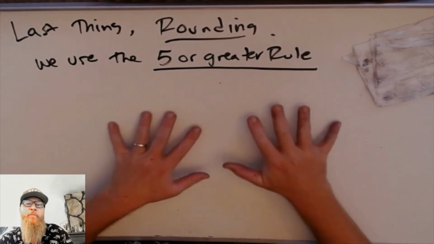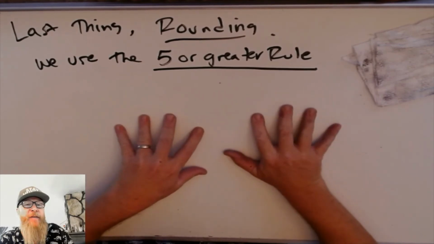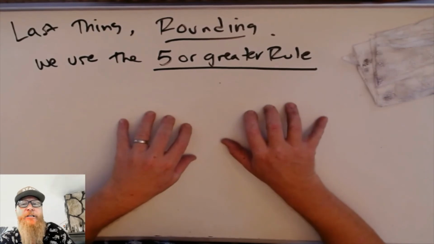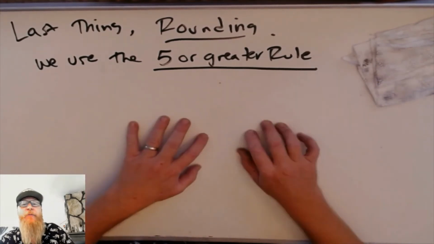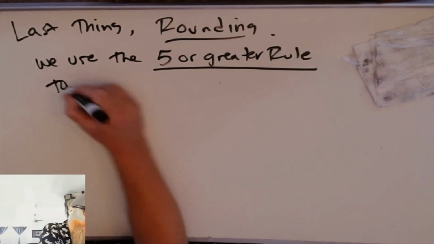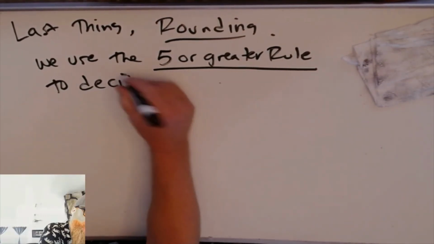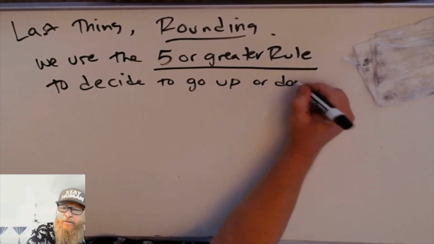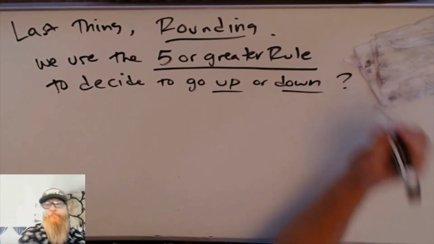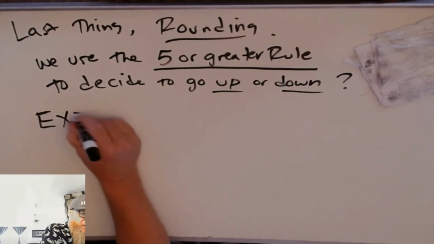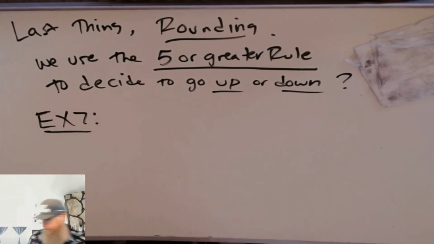You know, most human beings have 5 fingers, 5 digits. It's another name for a finger, a digit. You have 5 digits on each hand, and so we use the 5 or greater rule to decide whether to go up or whether to go down.